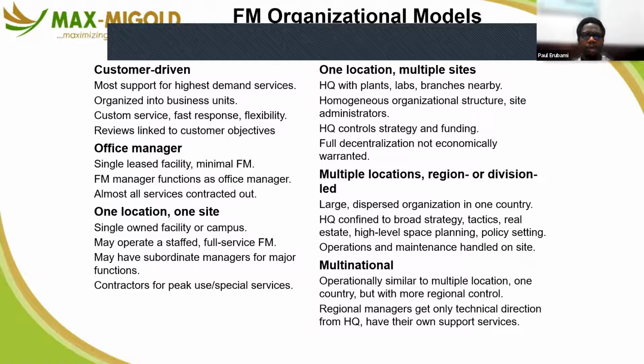For example, you may have a regional manager position as part of your regional structure in the one location, multiple sites option, but you may not have that in one location, one site. You cannot call people area this and regional that when you are not geographically spread out.